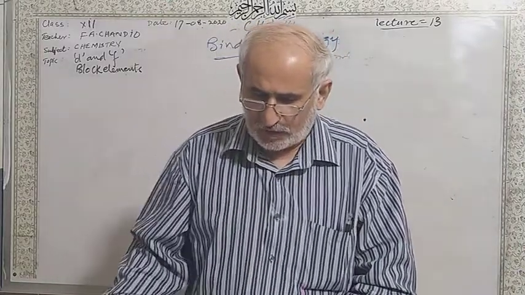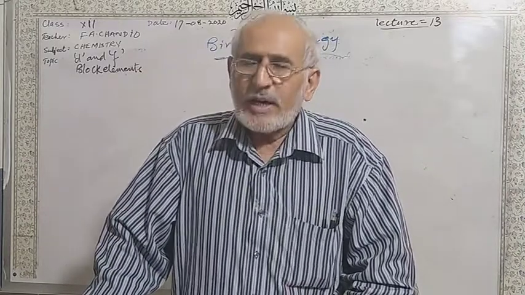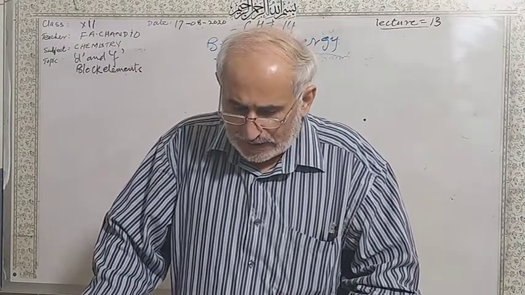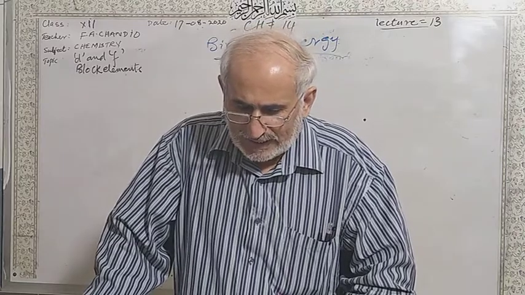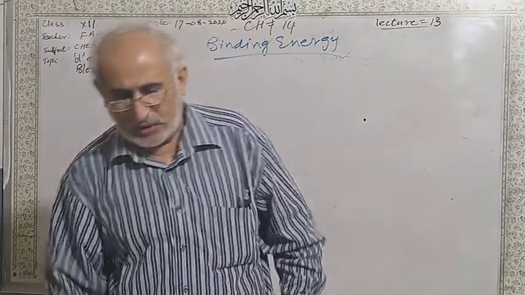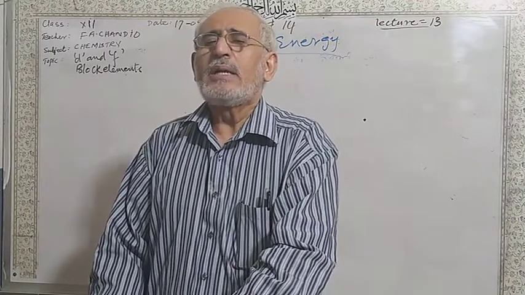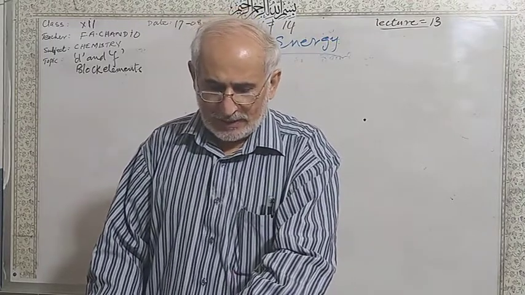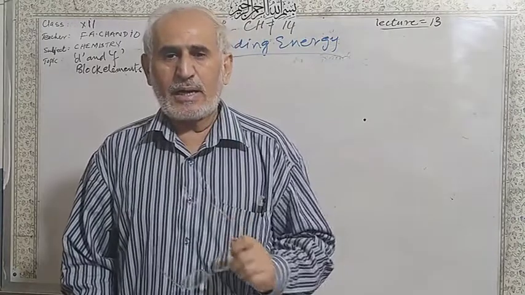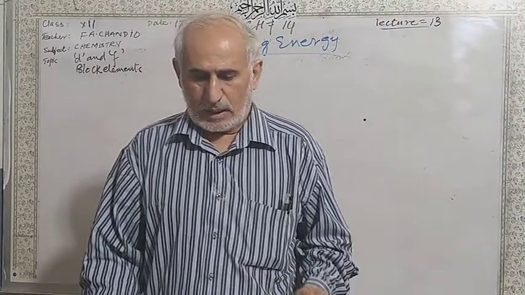If you see the graph, figure number 14.2, binding energies are going to be increased. Don't look at potassium and calcium. Potassium is an alkali metal and calcium is an alkaline earth metal.